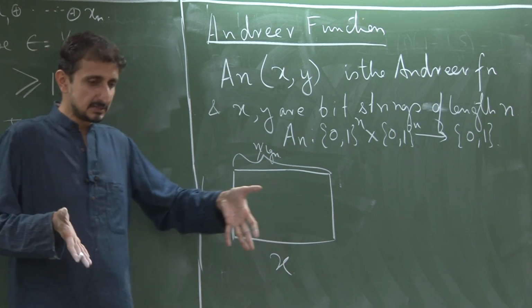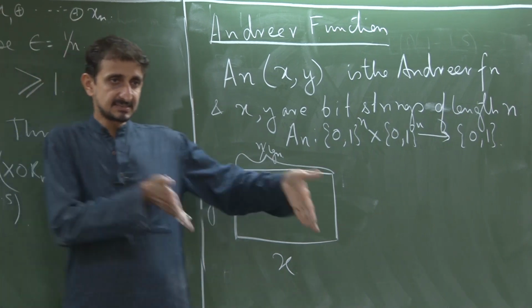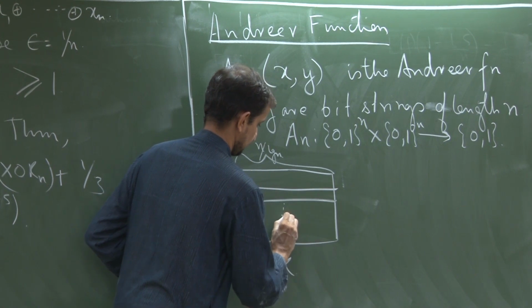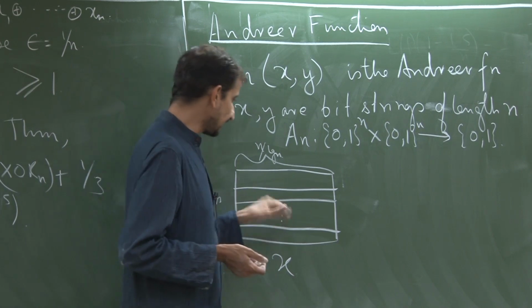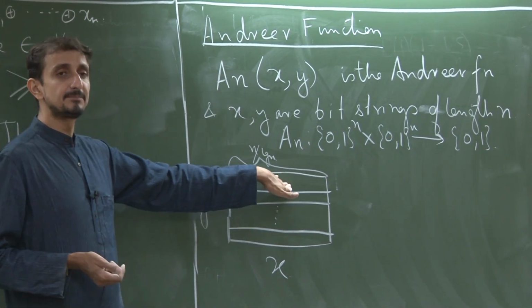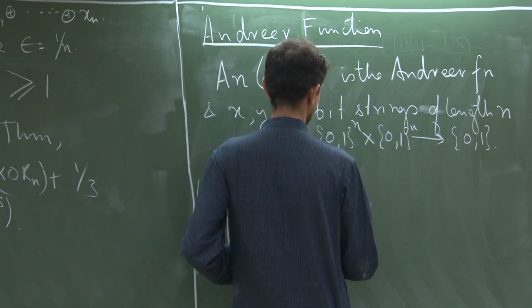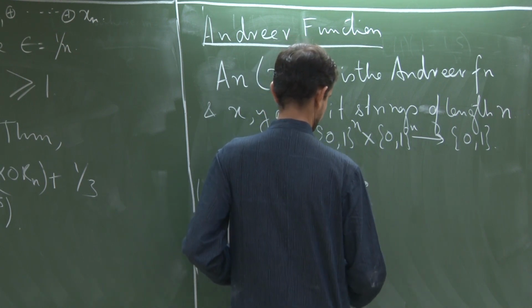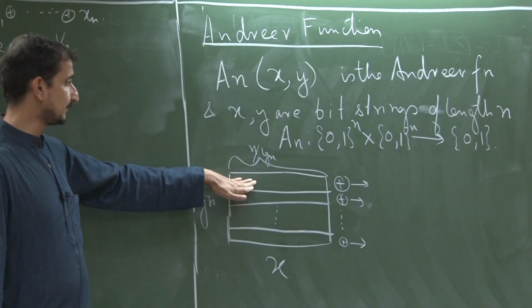You can think of it this way: the first n by log n bits are in the first row, the next n by log n bits are in the second row, and so on, and the last n by log n bits are in the last row. Now, I will take an XOR of all the bits in a particular row. So, for each row I will take an XOR of all the n by log n bits.